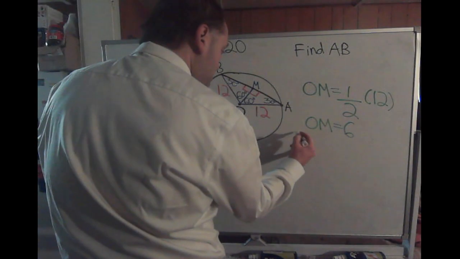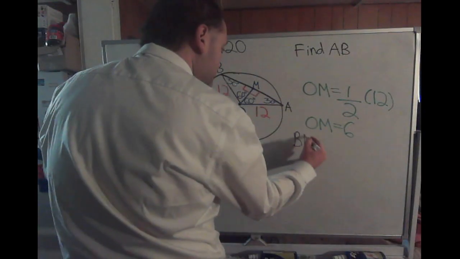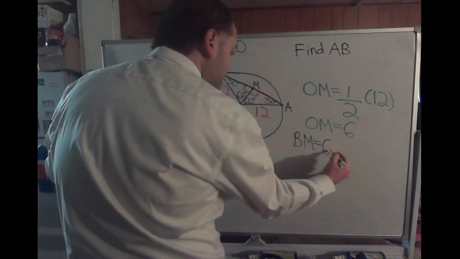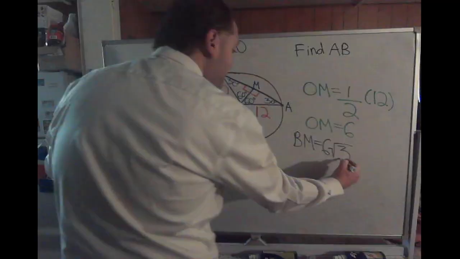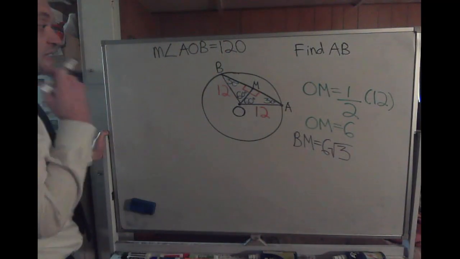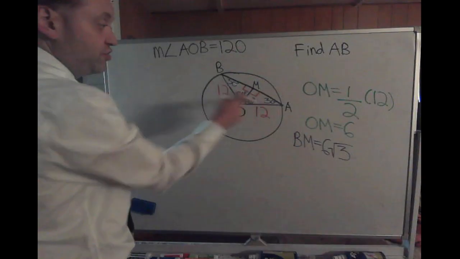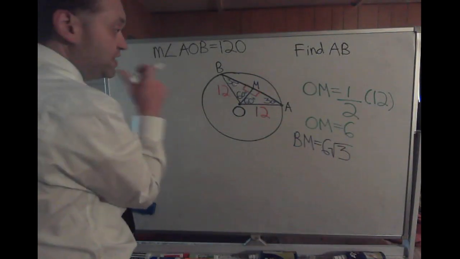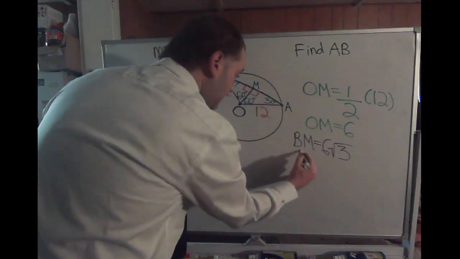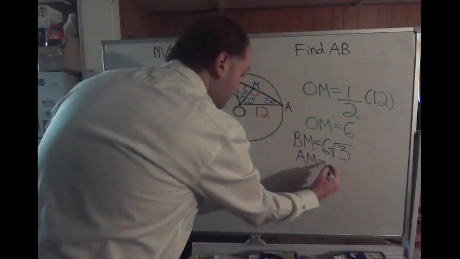So BM is literally going to equal 6 times the square root of 3. And since, of course, OM is shared with two congruent triangles, that means that AM would also have to equal 6 times the square root of 3.